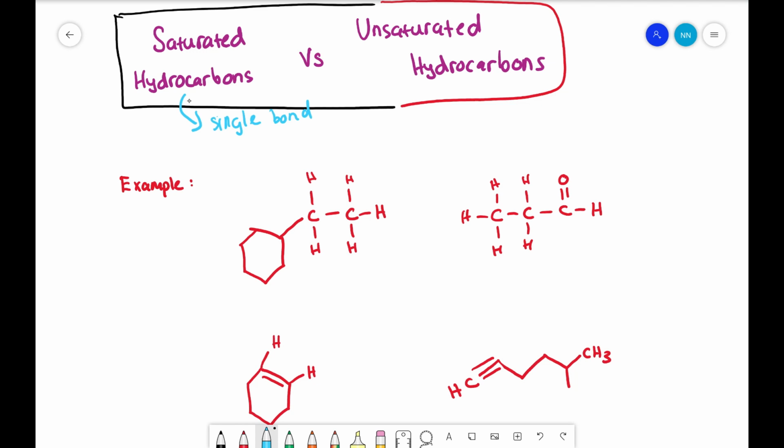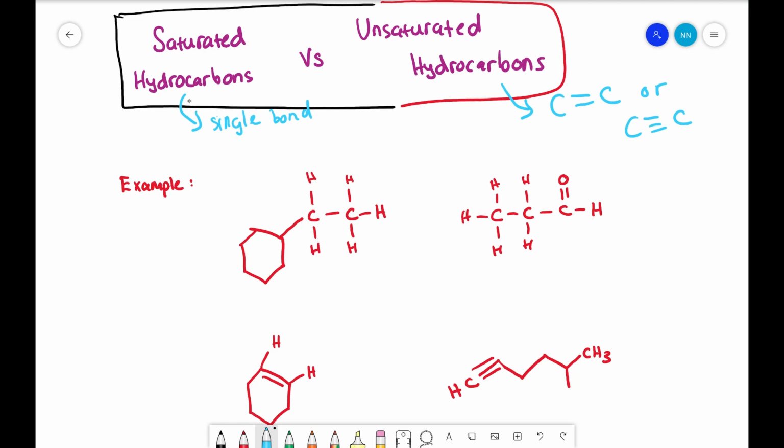While unsaturated hydrocarbons are hydrocarbons that have at least one carbon-carbon double bond or carbon-carbon triple bond. So that's the key main difference. These are the following examples of organic compounds.